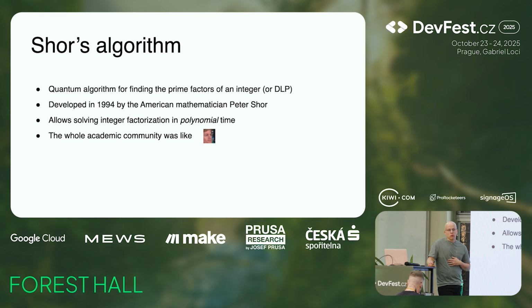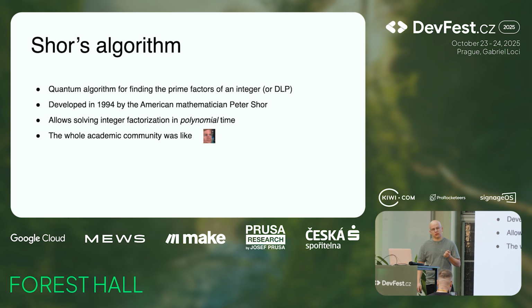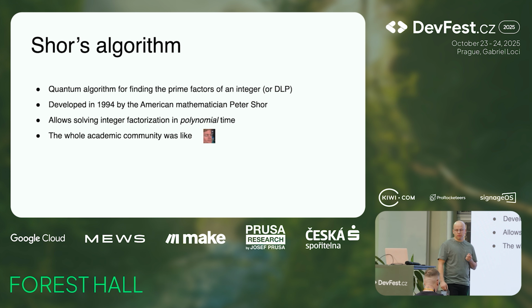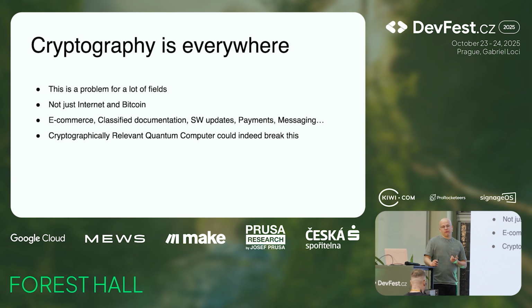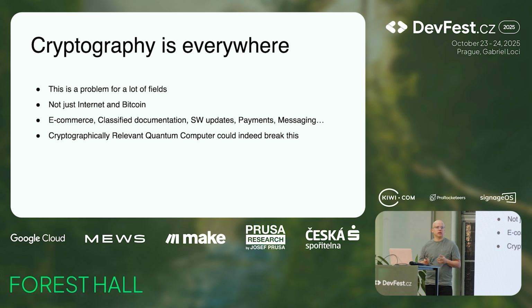And why this is very important is that the discrete logarithm problem is the basis of a lot of cryptography, right? And cryptography is something that we are using everywhere. Like the internet, Bitcoin, e-commerce, software in general, banking, army stuff, governments, really a lot of fields.